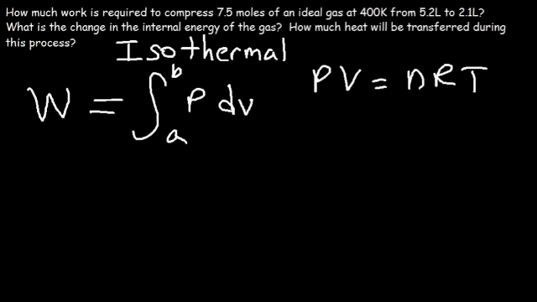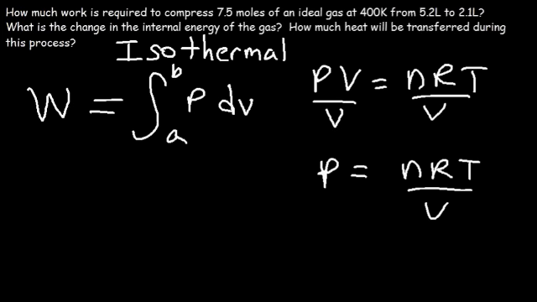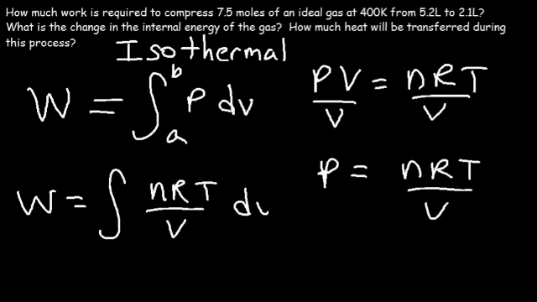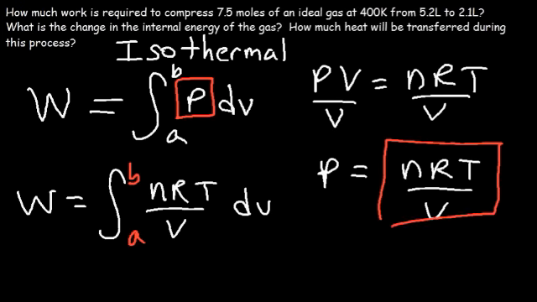Now let's get P as a function of V. So if we divide both sides by V, P is equal to nRT divided by V. So therefore we have this equation. We can now replace P with nRT over V.